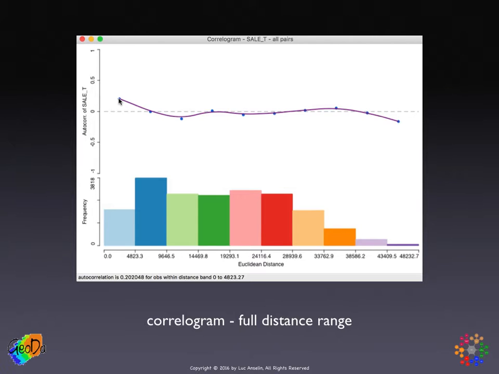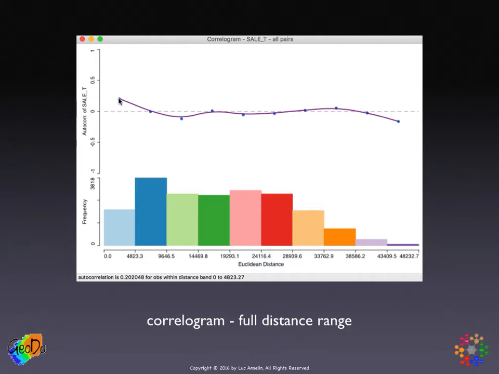Even the smallest bin at the very end has 75 pairs in it, so we don't have to worry about this. The rule of thumb is typically 30. What we're interested in here, besides the value of the autocorrelation, is the point where the line crosses the horizontal, which gives us a measure of the range of spatial autocorrelation.